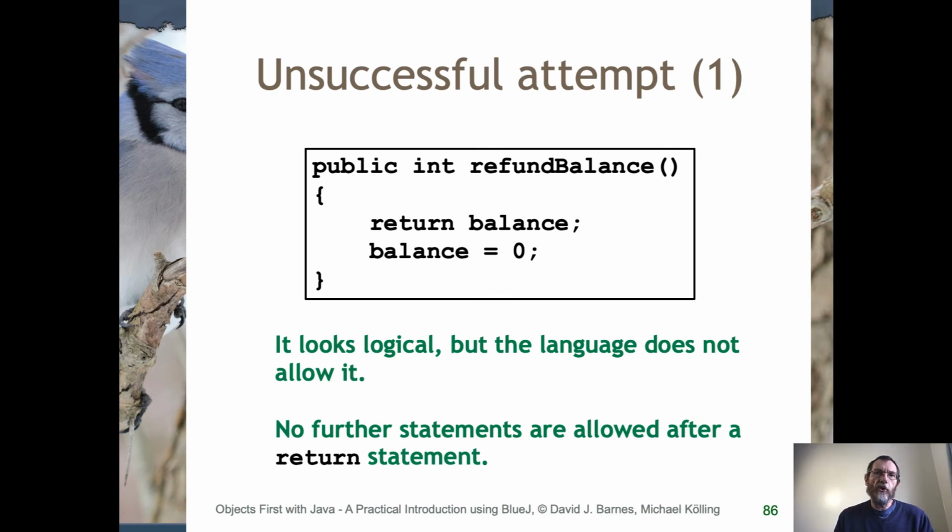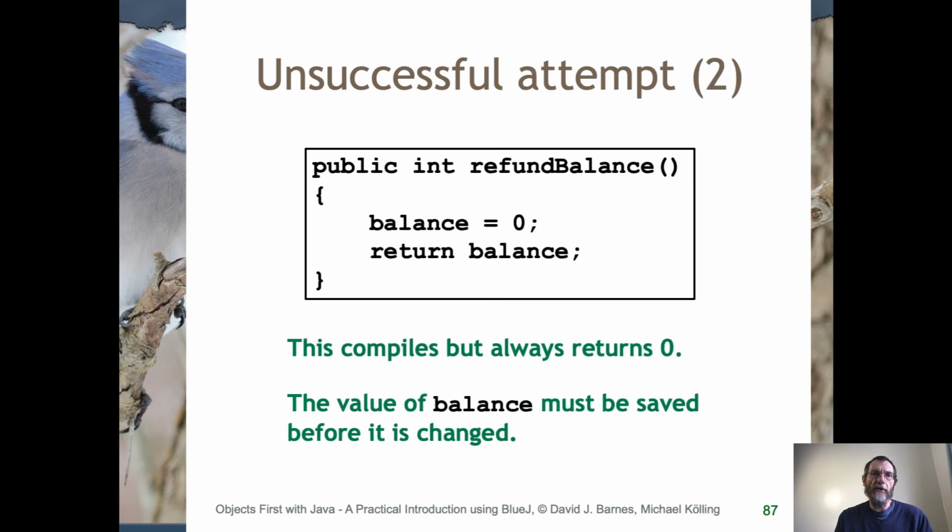So let's look at an alternative, which is to put the two statements the other way around. Suppose we were to write the body of the method like this. Now in this case, there's no problem with compilation because the return statement is the last statement inside the method's body. So that's fine. The problem is that we're clearing the balance to be zero, which immediately loses what its previous value was.